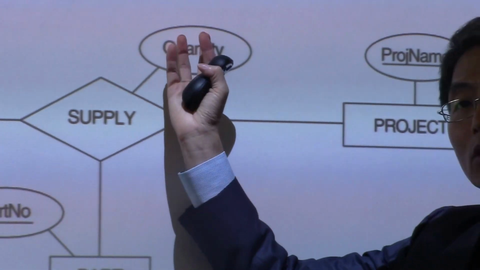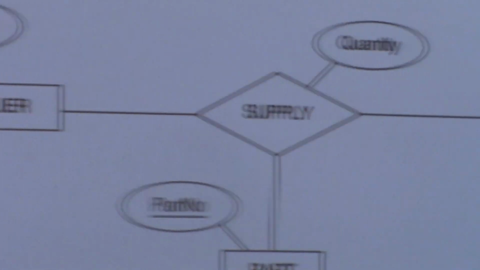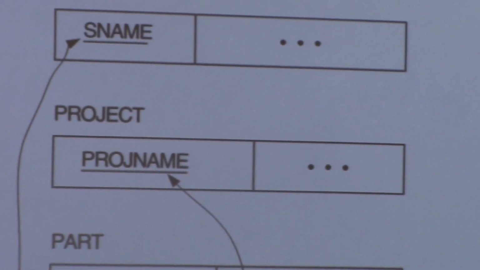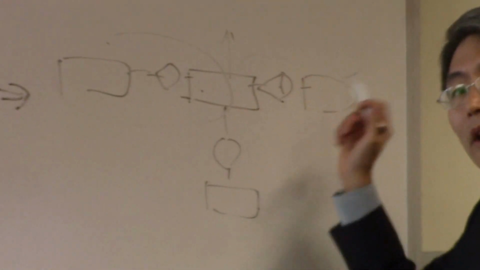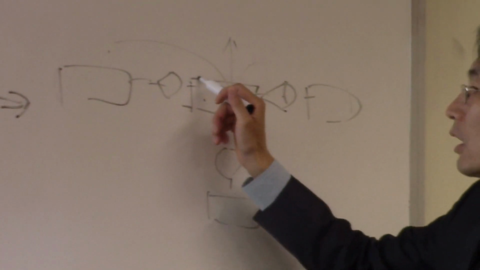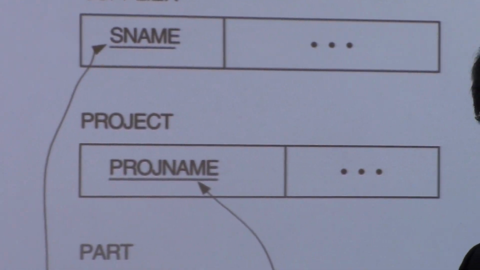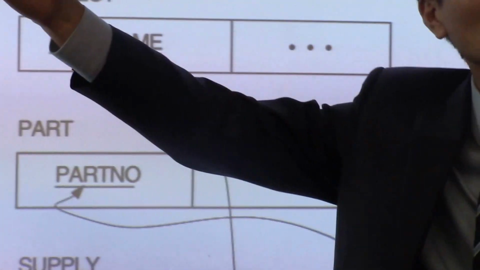And if there is an attribute like quantity, it will be an attribute. Then what is the primary key of this one? Because this is a one-to-many relationship, you should create the foreign key. Actually, many to one. Okay. So the referenced side is the one side, which should be unique, and this is the many side. Okay.